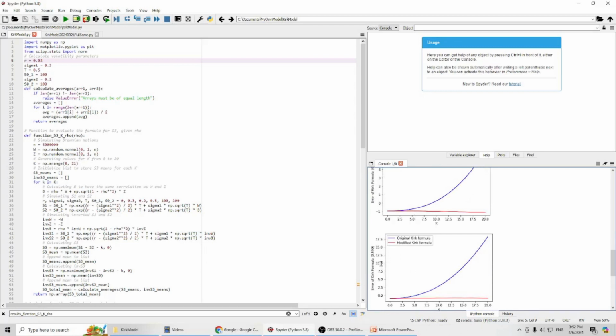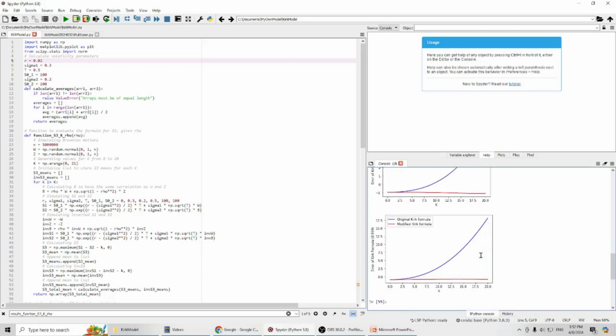And when the correlation is very high, 0.999, you can see the error of the original Kirk formula keeps increasing. You see this is very large. It's about 17.5 already. But the error of the modified Kirk formula remains stable here.